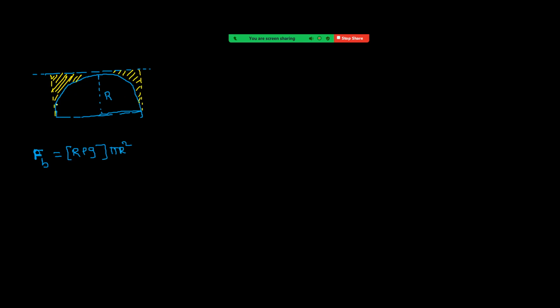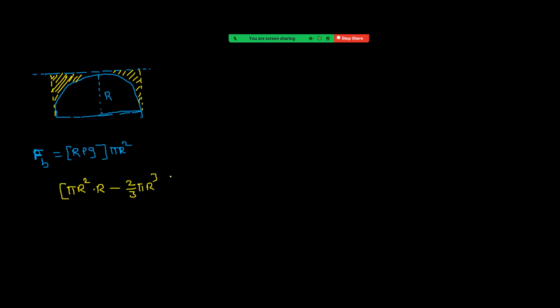You can see this is now one cylinder, of radius R and height equal to R. Therefore, its volume is pi r square into R. This is the volume of that cylinder. From that, subtract the volume of the hemisphere, that is 2 by 3 pi r cube.